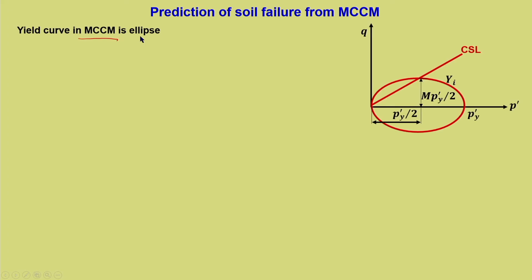Just to refresh, the yield curve in the modified Camp-Clay model is an ellipse. We will not go into the details of it, this has been discussed.